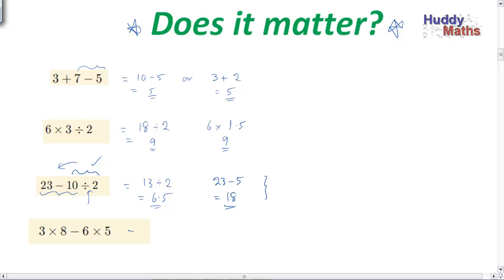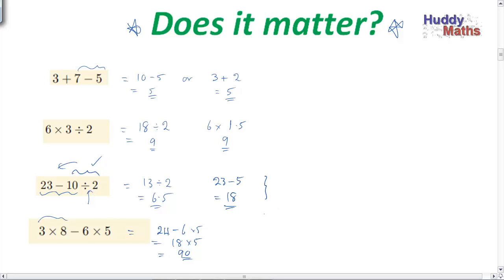Let's do this one down here. 3 times 8 is 24. Take 6 times 5, so 24 take 6 is 18. Just doing it left to right now is 90. Okay, one way of doing it. Let's do it a different way.